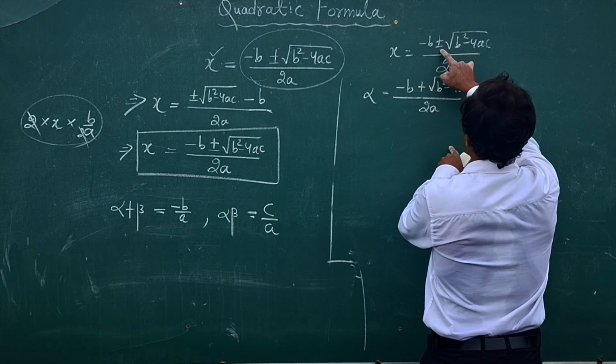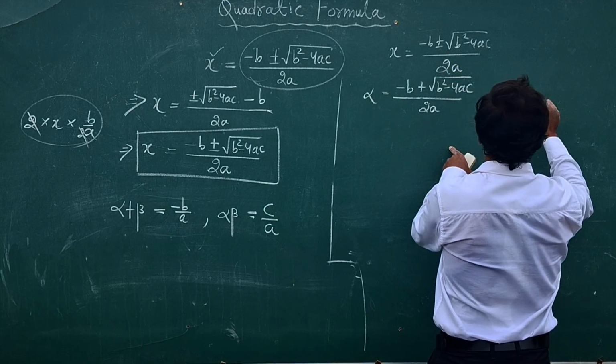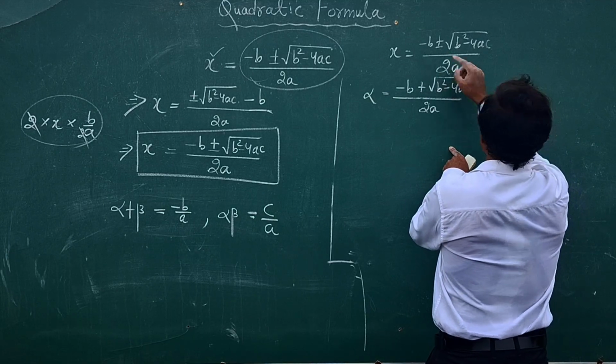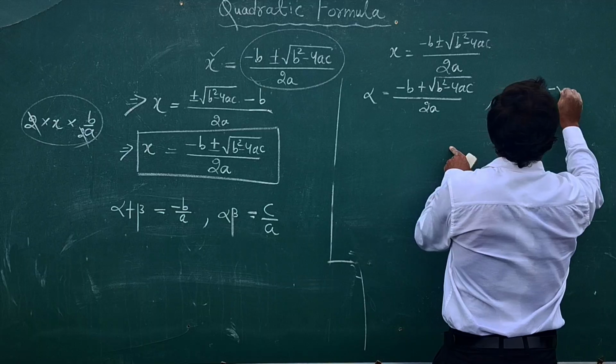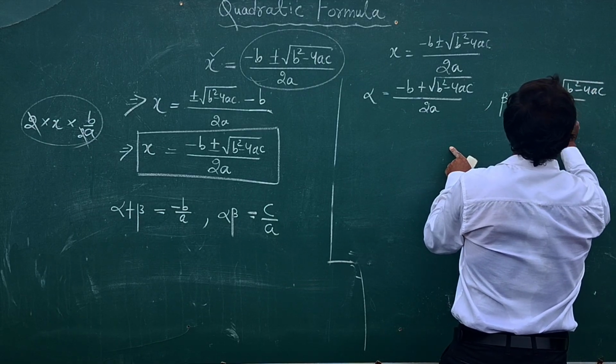Once you take plus, once you take minus. When you take plus, suppose that gives you alpha, then minus will give you beta. I mean beta will be minus b minus square root of b square minus 4ac by 2a.